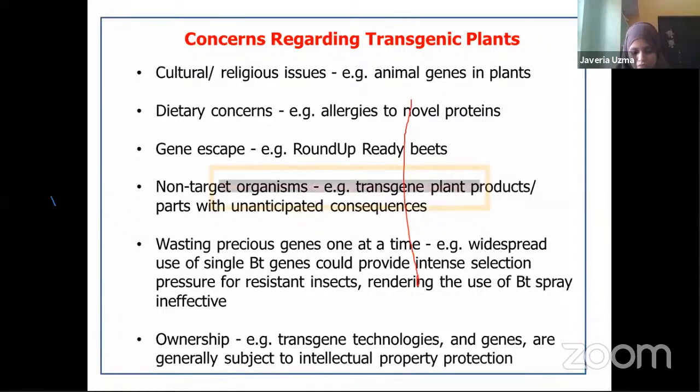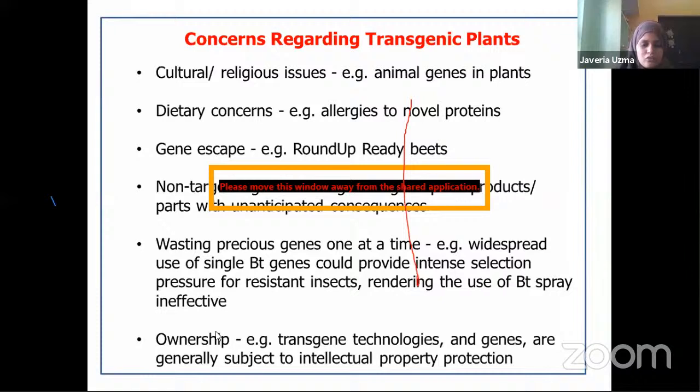Only some people will have the right to use them to make a benefit. That is known as a patent. That will be a concern, because no one is free to use any GM crop. They have to take certain permissions to use GM crops. So these are some of the concerns regarding transgenic plants.